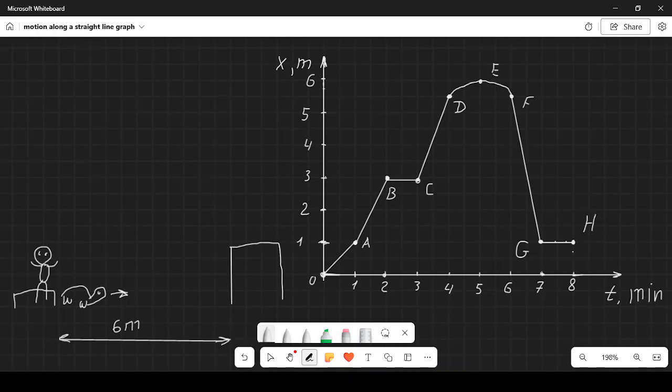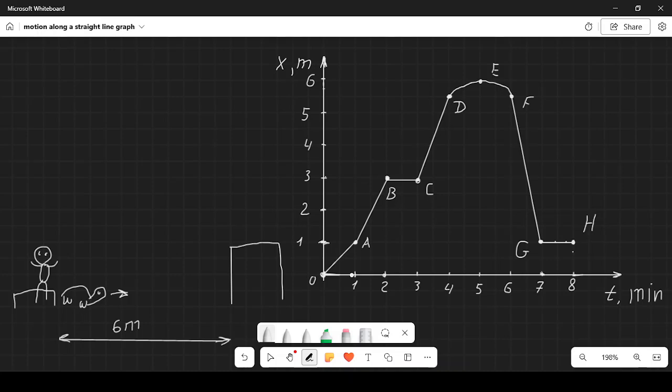So the speed of the turtle during the second minute is 2 times more than during the first minute.